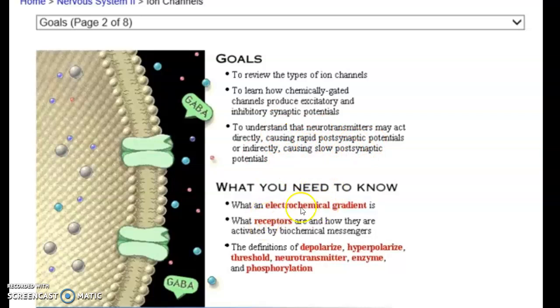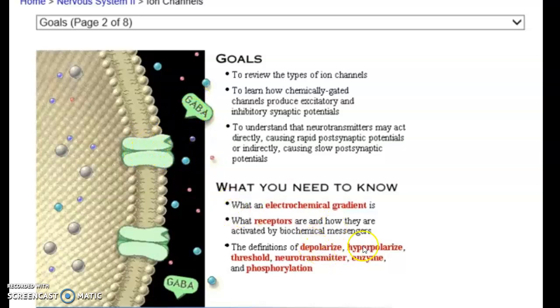What we need to know going into this is the electrochemical gradient, which has to do with the charges on either side of the membrane due to the ions found outside versus inside, and how the ions are flowing back and forth. We need to understand the receptors. In this case, we have the chemically gated receptor here that's receiving the neurotransmitter to open them up.